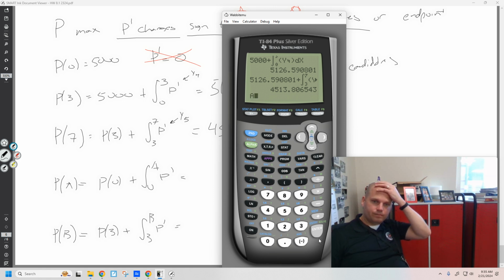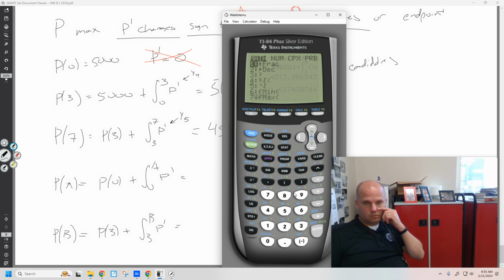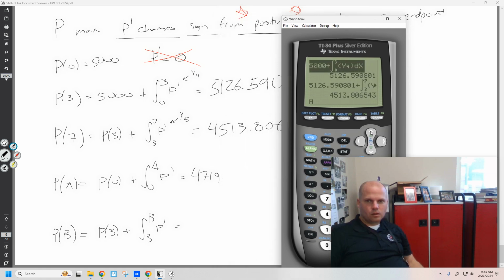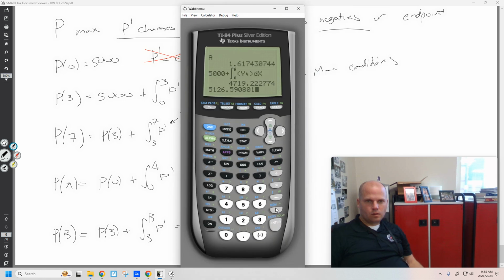All right, what was A? Good. Y4. Or split it up. Yep. P of 3 plus Y5's accumulation.